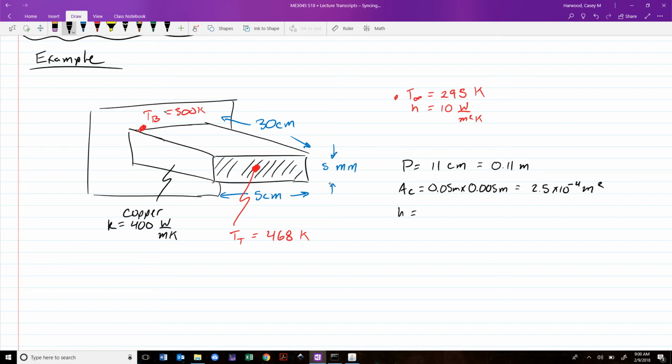h is equal to the 10 watts per meter squared Kelvin given above. k is equal to the 400 watts per meter Kelvin. And so taking all of these things together, that parameter m, which is equal to the root of hP over kA_c, is going to work out to a value of 3.321 per meter, or 1 over meter.